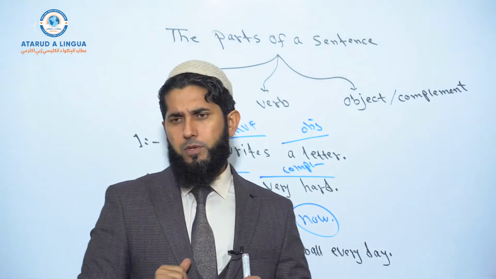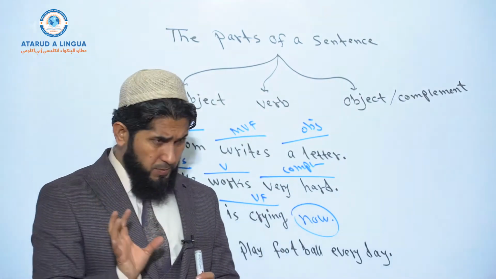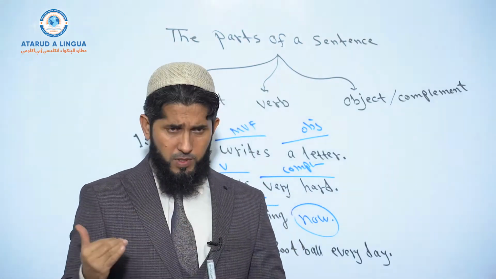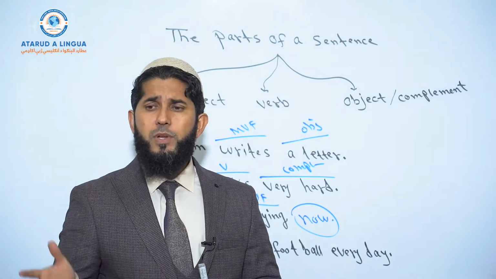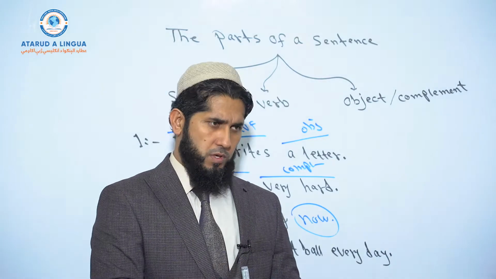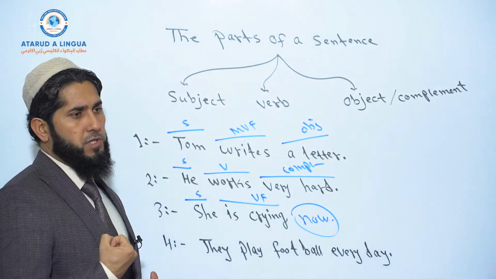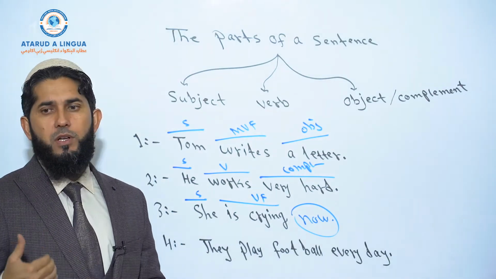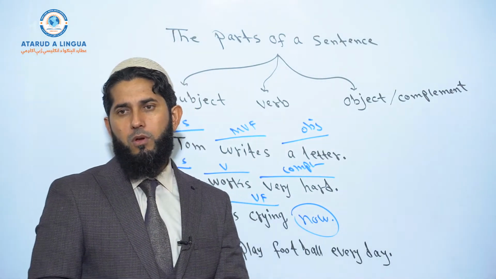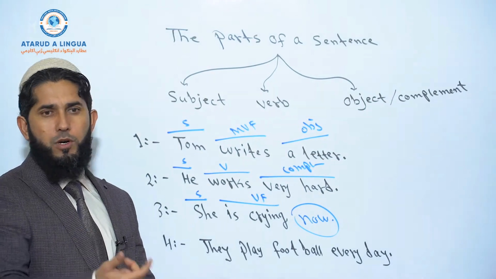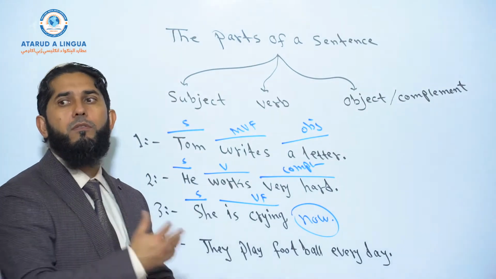This is very important to know. You got it? Why? Because an object is the receiver of the action or the state, but a complement is not. A complement is there just to complete the meaning of a word in a sentence or the meaning of your sentence.